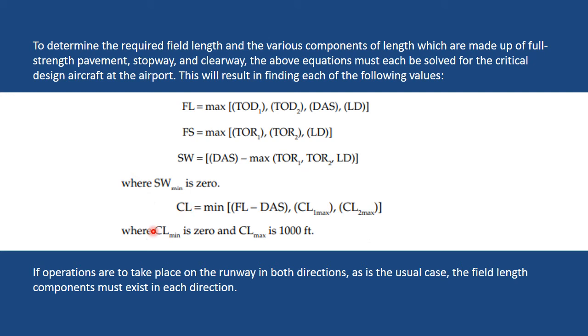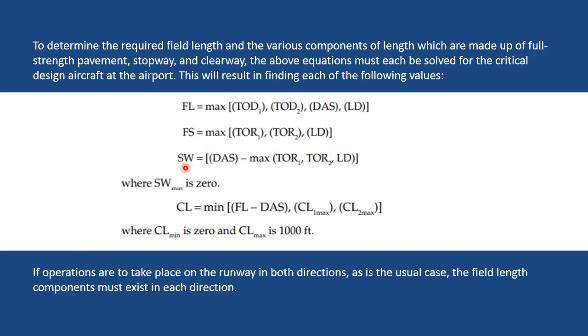So we should find these values: FL is the maximum of TOD1, TOD2, DAS, or LG. As for the FS, we find the maximum of TOR1, TOR2, and LG.